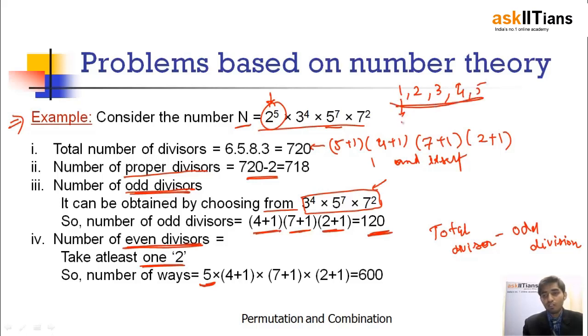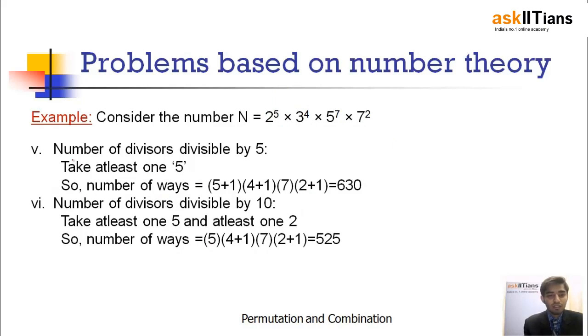The number of ways of taking one 2 is 1, two 2s is 1, three 2s is 1, four 2s is again 1, and five 2s is again 1. So the total will be 5. Okay, so 5 into (4 plus 1) into (7 plus 1) into (2 plus 1). For 3, 5 and 7 you have to take 0 or more, but for 2 you have to take at least 1. So that will give you the total number of even divisors.